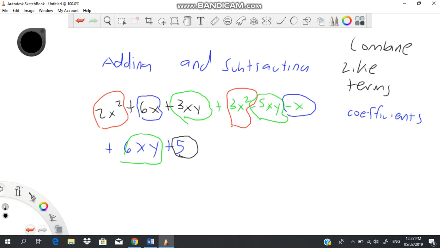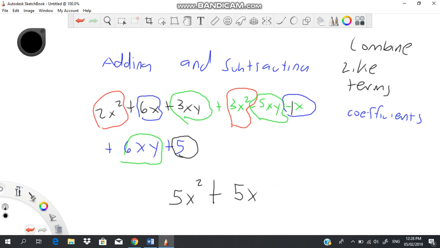Now let's add this. 2x squared plus 3x squared, that's going to be 5 because 2 plus 3 is 5, and just copy their variables. So that becomes 5x squared. Plus 6x plus negative x, so 6x minus x becomes 5x. 6 minus 1, that becomes 5x.